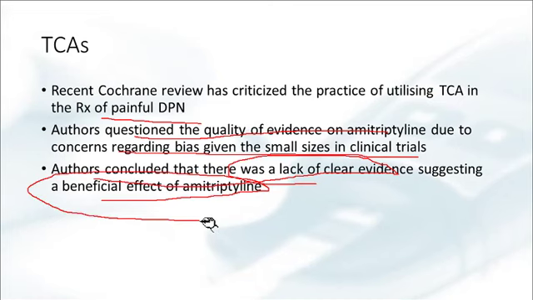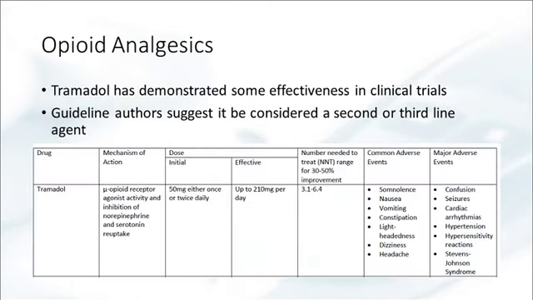So as far as possible, you should either use an SNRI like duloxetine, for example, or alternatively you should use an anticonvulsant like pregabalin, for example, over using a tricyclic antidepressant. But you may still need to give the patient some kind of pain relief.